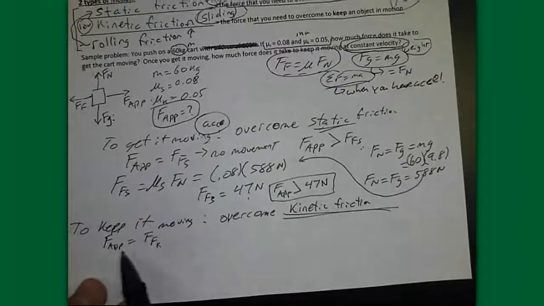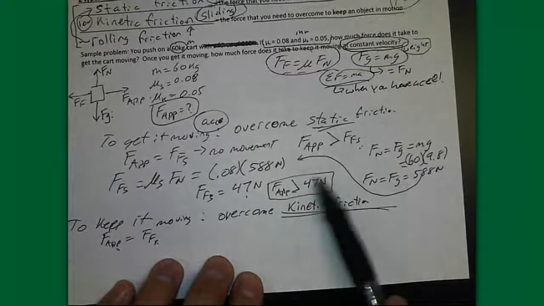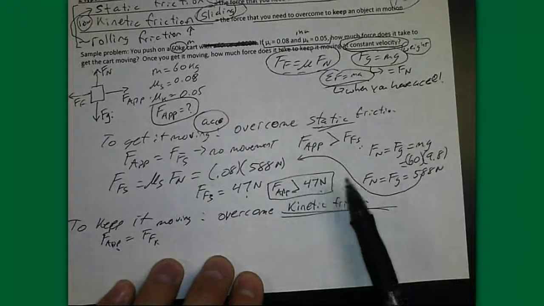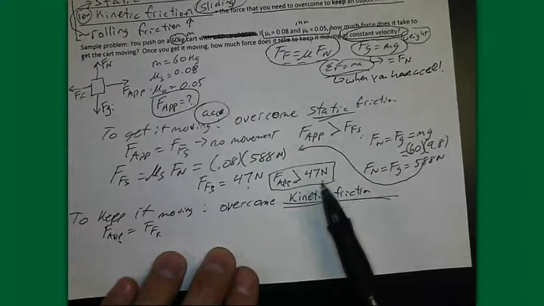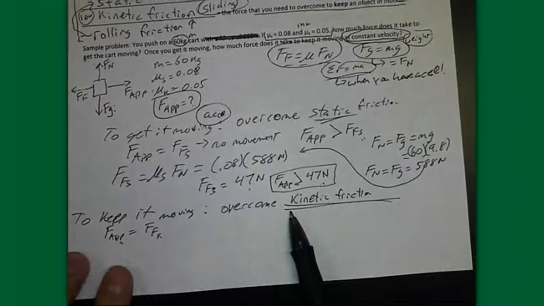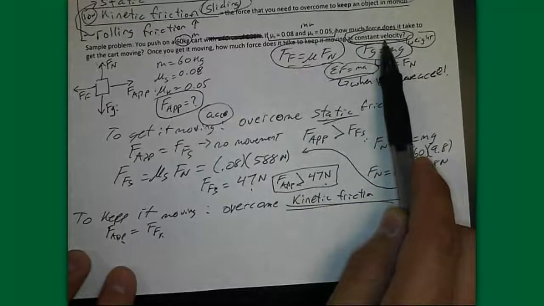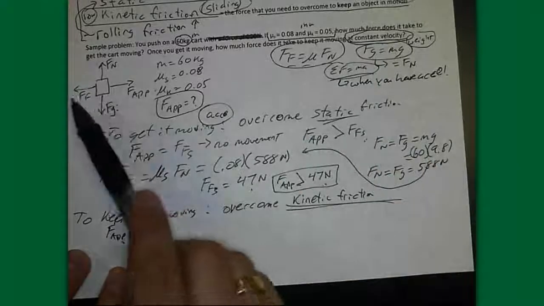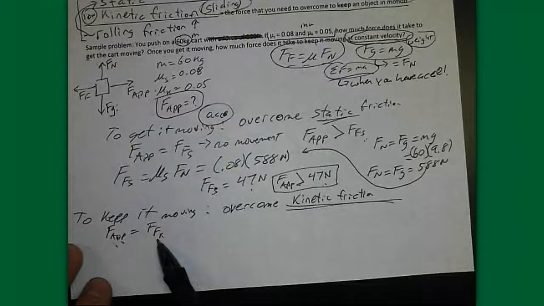If my applied force is greater this time, remember my applied force was greater than the frictional force here, and I got acceleration. I got the box to go from 0 meters per second to not 0 meters per second. I changed the velocity. Now here, I don't want the velocity to change. I want constant velocity, which means I want no acceleration, which means the forces must be balanced, which means the applied force has to equal the frictional force.